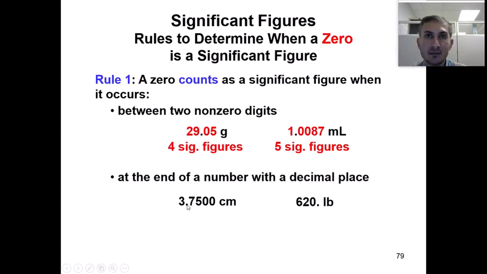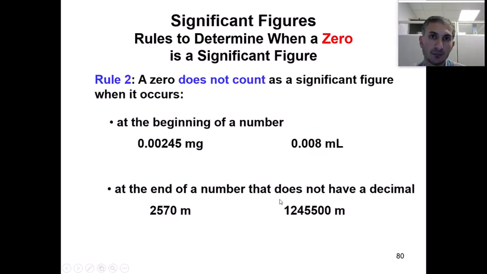We have a decimal and zeros are placed at the end. So we count them as sig-figs. So we may have 5 sig-figs. And for this example, we have zeros at the end. Also we have a decimal. So we count them as sig-figs. So 1, 2, 3. So 3 sig-figs are reported here.